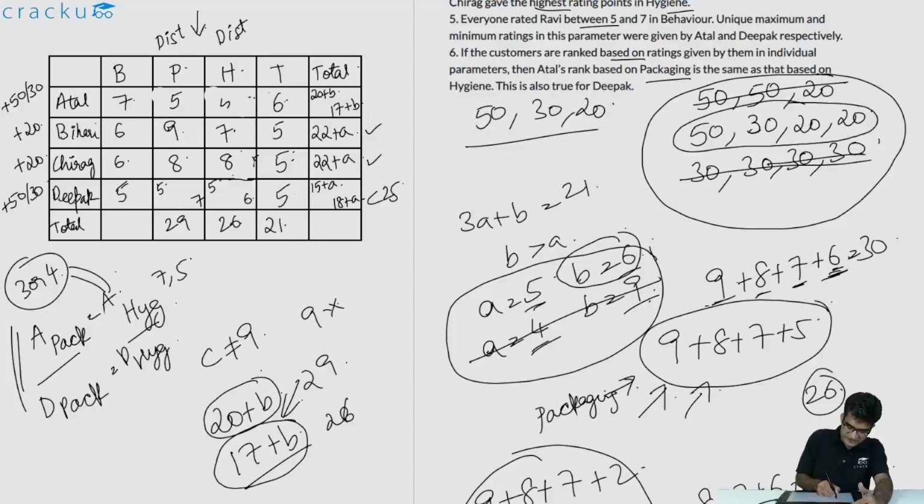Therefore, his total is 17 plus B, which would be equal to 23. And this would also tell us that the ranking given by Deepak has to be 7 and 6. And the total will be equal to 23.